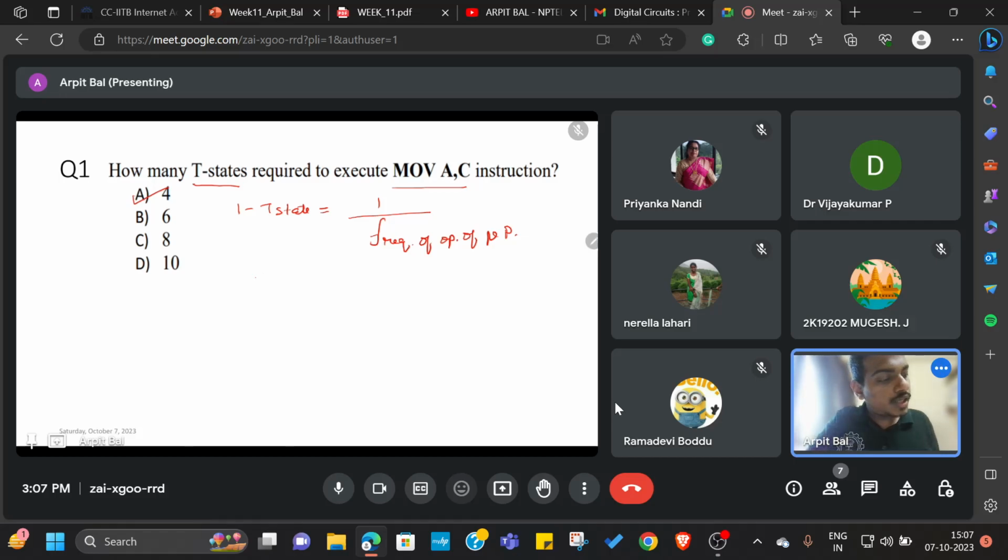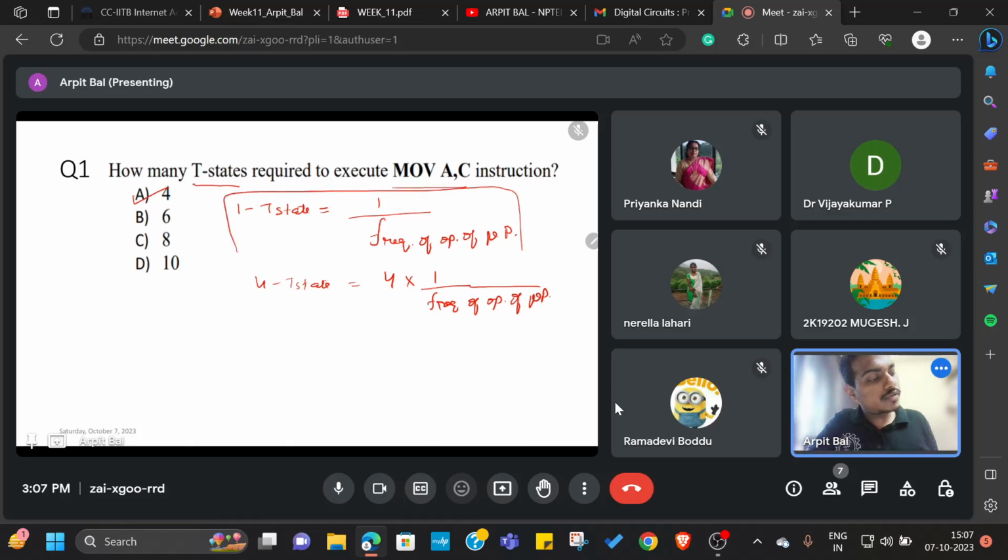So 4 T states will be equal to 4 into 1 by the frequency of operation of the microprocessor. Using these relations, we can figure out how much exact time this particular instruction is going to take, given that we know the frequency of operation of the microprocessor. So for the MOV instruction, it is 4.